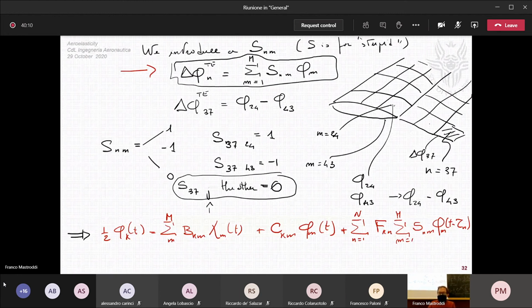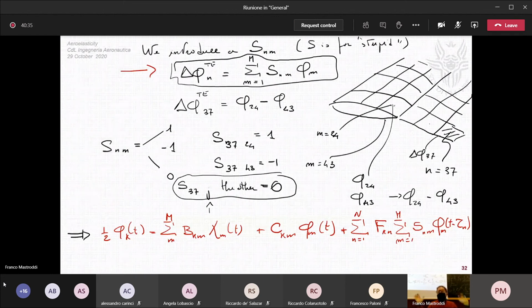And here you can see that this equation is able to relate what happens to the velocity potential at the present time t with what happened to the velocity potential at previous time t minus tau_n. And you have several delays associated with the several wake panels. Okay?